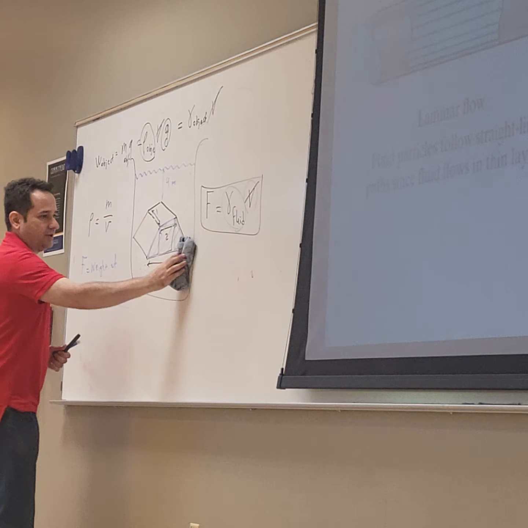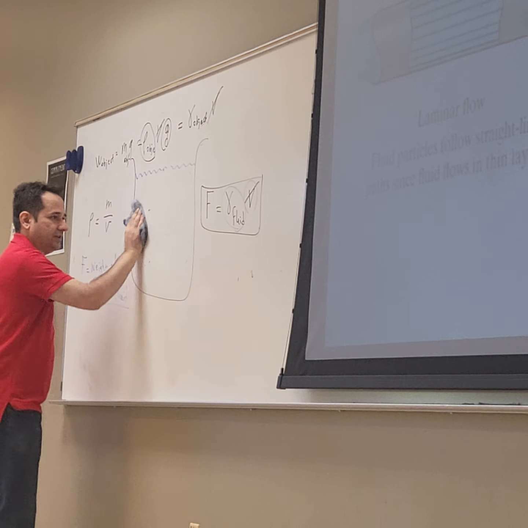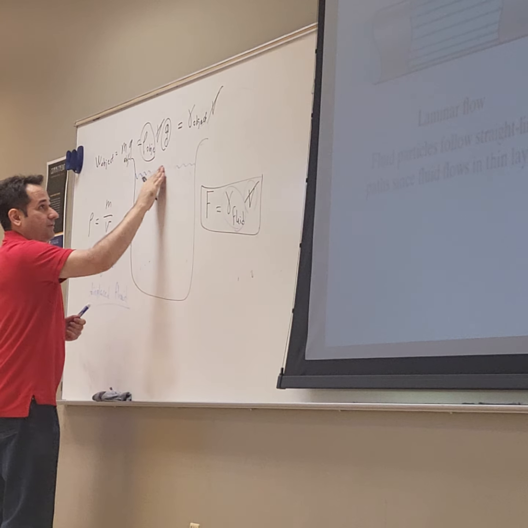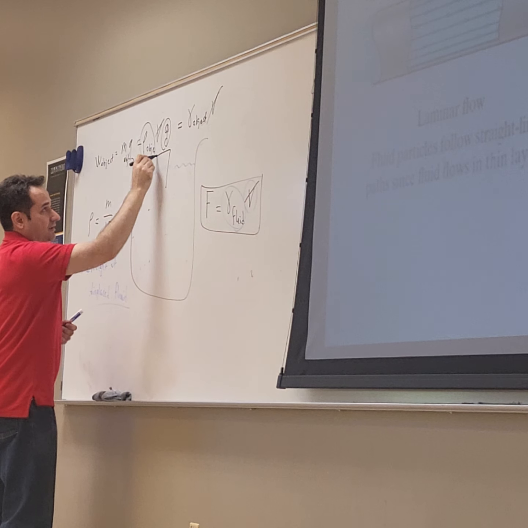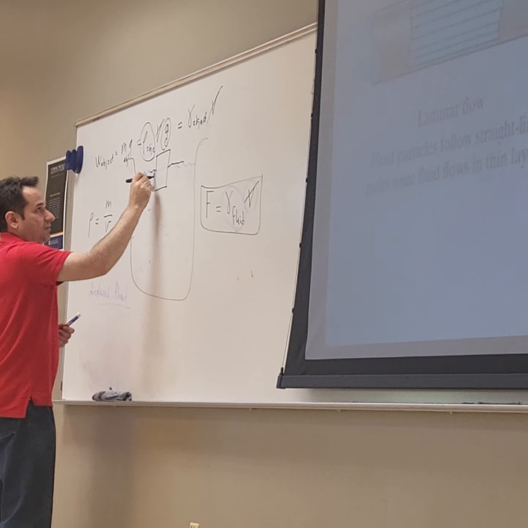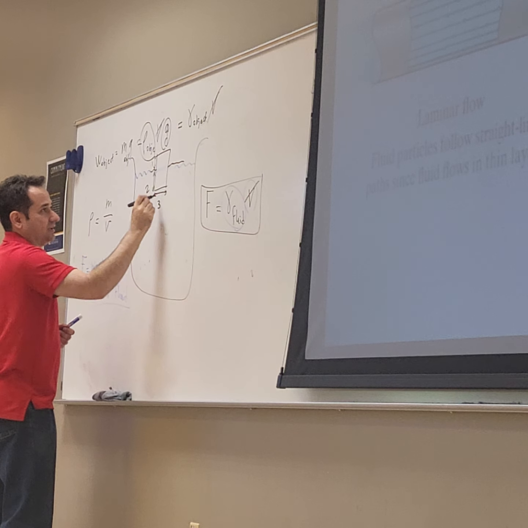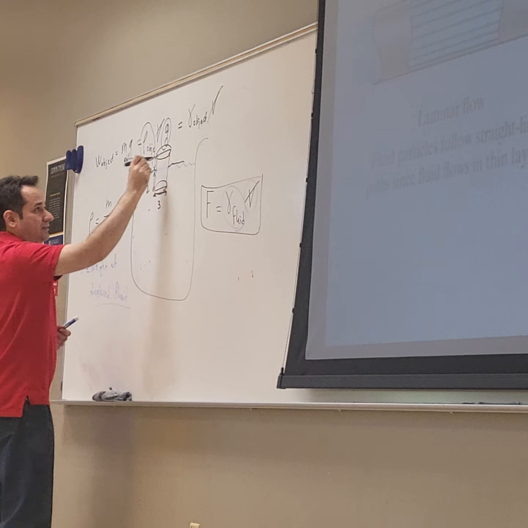What if it was like this? What if it was not fully submerged? Like, let's say this was 2, this was 1, and this was 3, and this is just a cylinder.